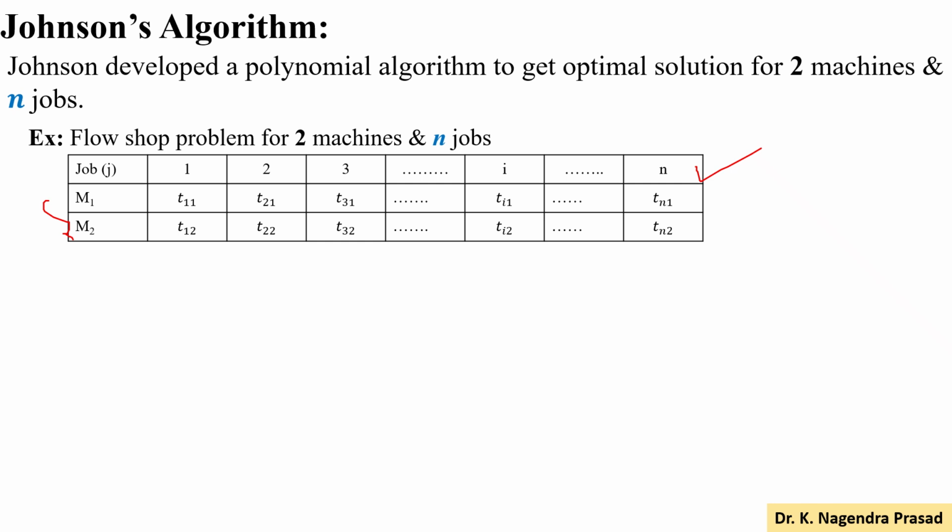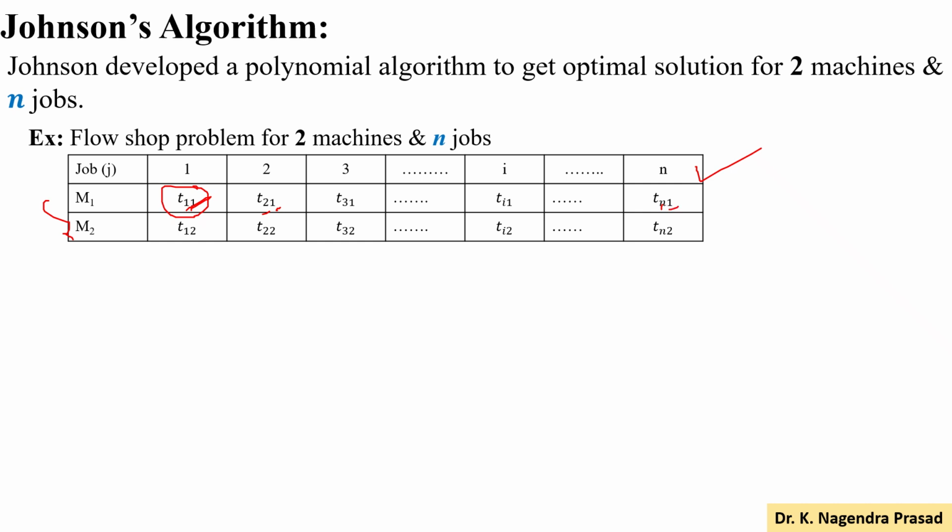And here T11 is the processing time for the first job on the first machine. T21 is the second job on the first machine. Similarly, Tn1 represents the processing time for the n-th job on the first machine.